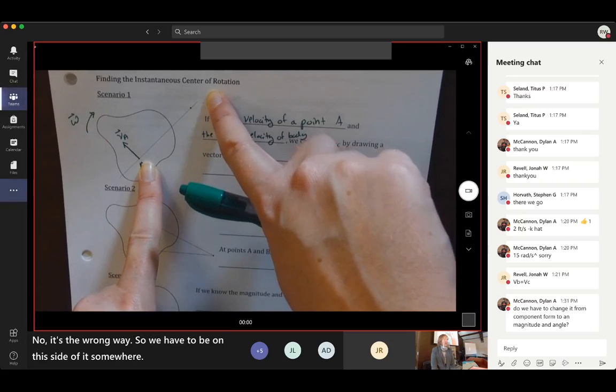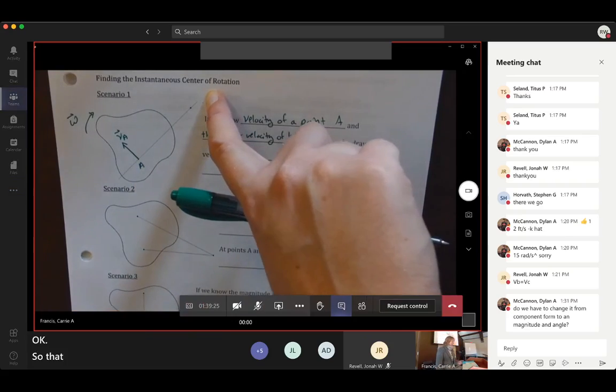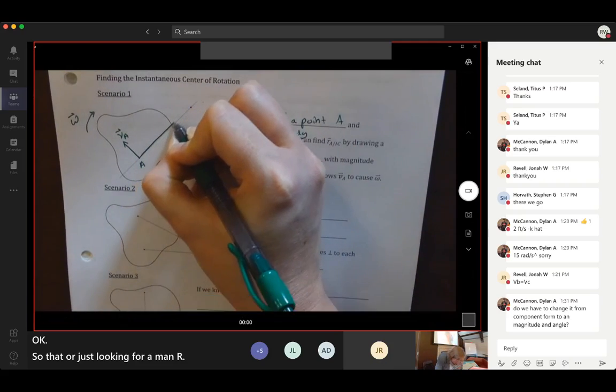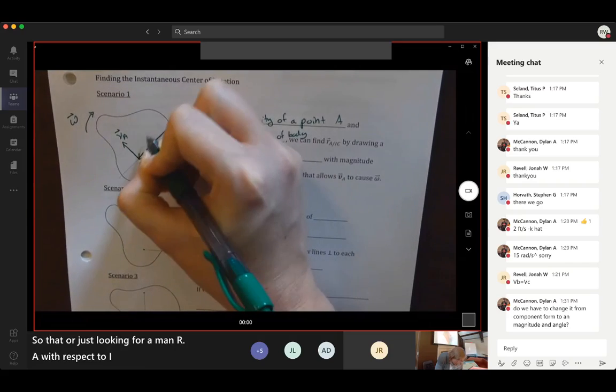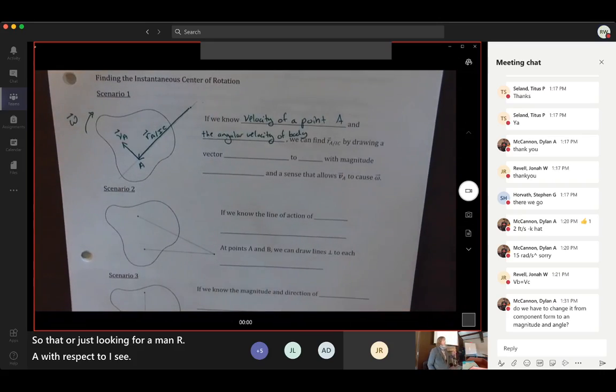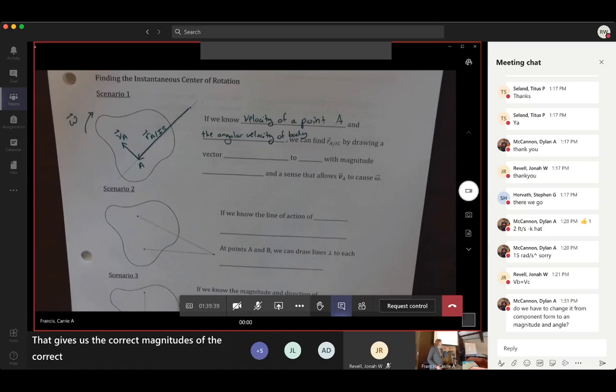Okay? So then we're just looking for an RA with respect to IC that gives us the correct relationship between angular velocity and the velocity of the point.